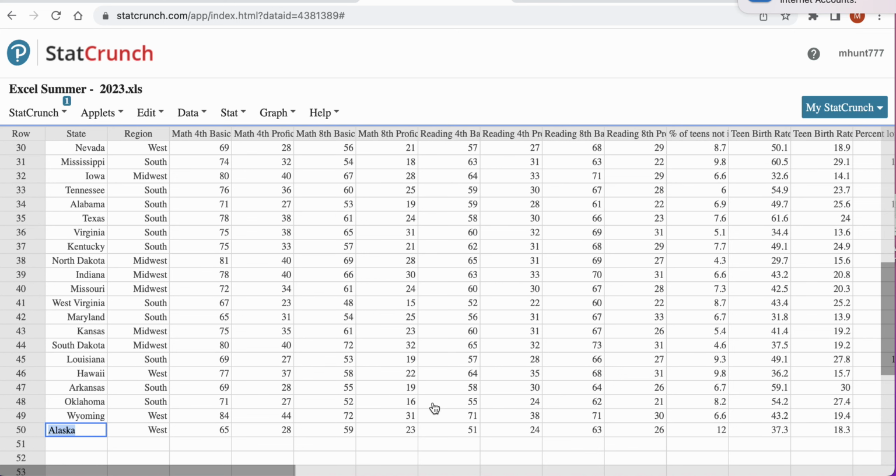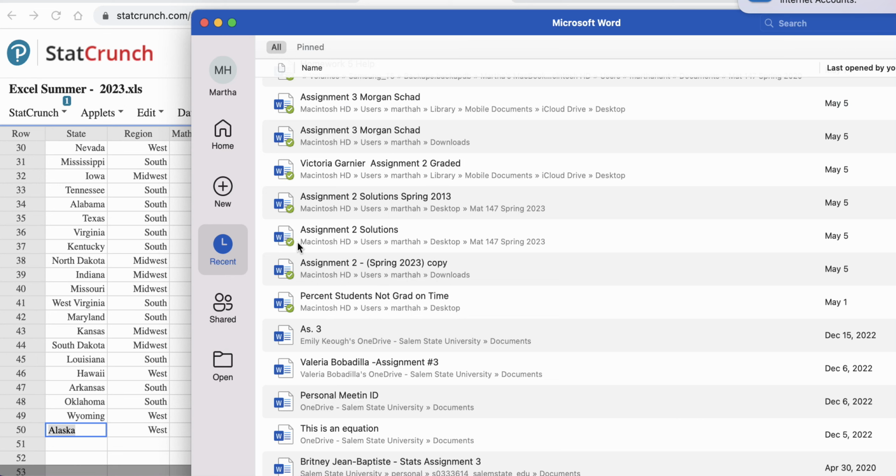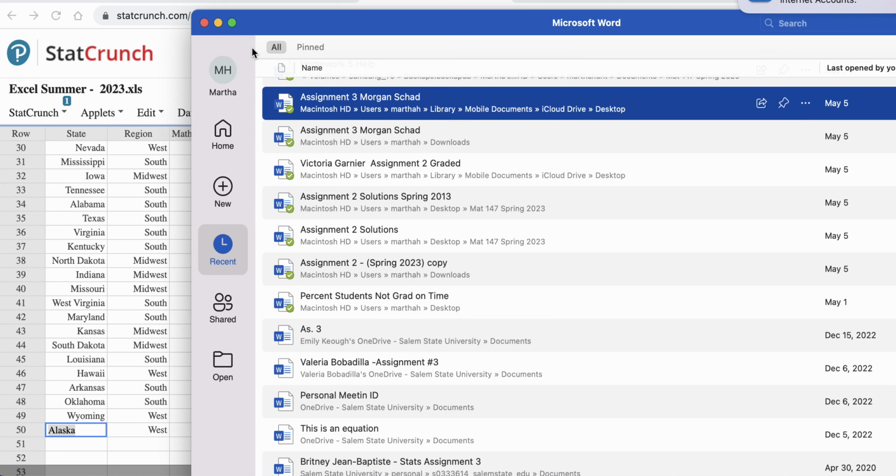All right, so let's talk about a few things. Let's talk about the slope. The slope was 0.934, not 9.34. So let me pull up a document here.